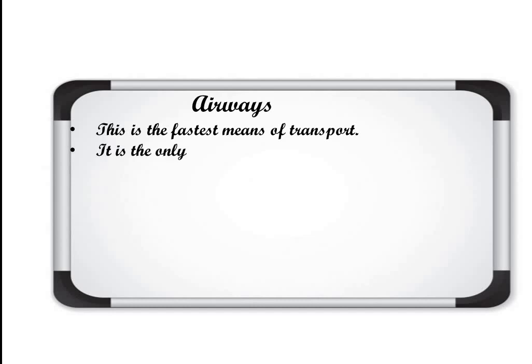One of its qualities is that it is the only means of transport in the most remote areas, sometimes the places where roads and railways can't reach. By airways the people can reach there. Okay, so we can say that it is the only means of transport in the most remote areas.